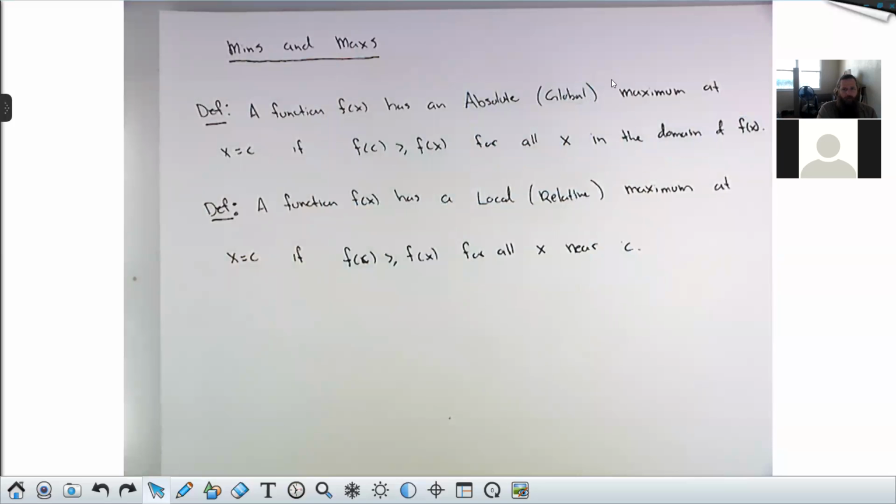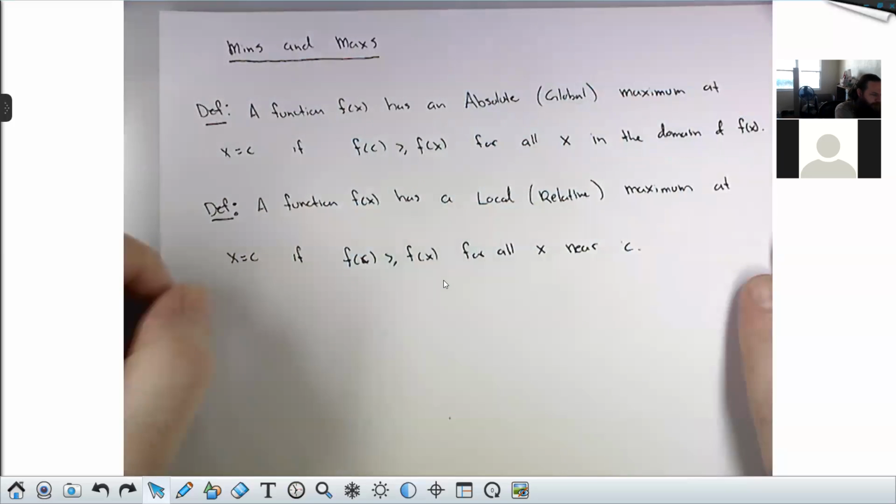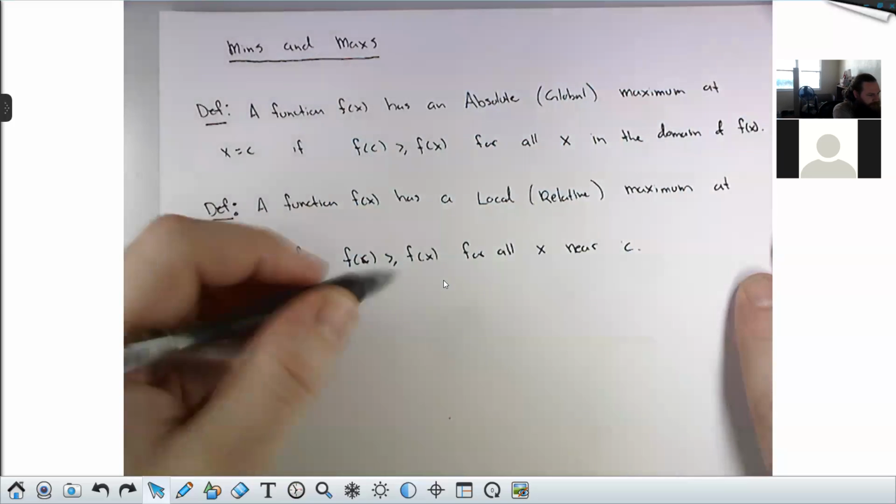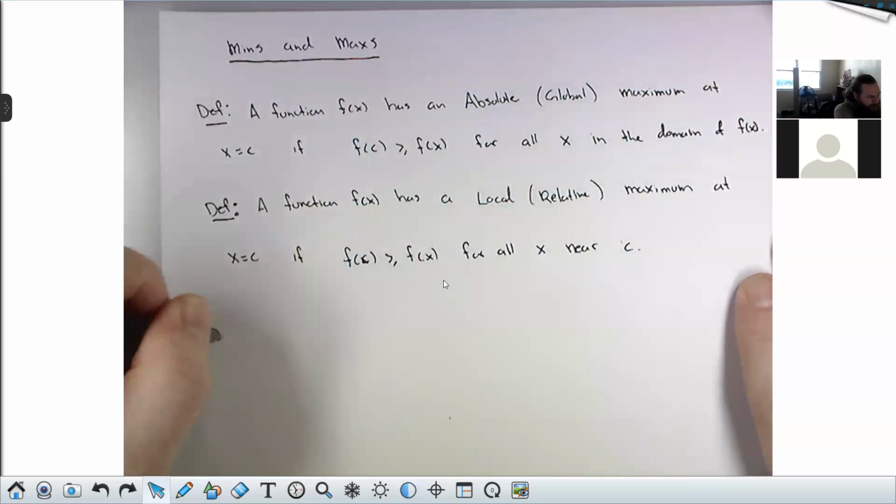And then if you want to interchange the word maximum for the word minimum, you just have to swap the inequalities around. I'll go ahead and write them down. This is a lot of words.